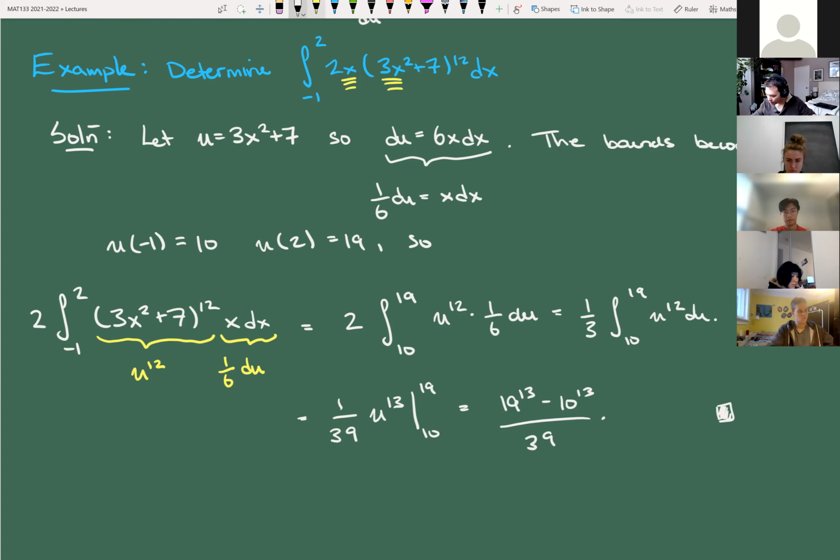Right, okay. So I was wondering if I mentioned this at some point. This long bar here just means it's a placeholder for the evaluation. So it means I'm going to use the FTC and I'm going to plug in the top number and subtract the bottom number.